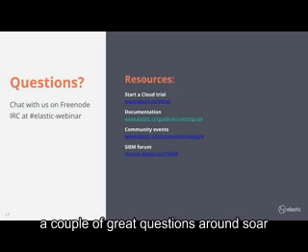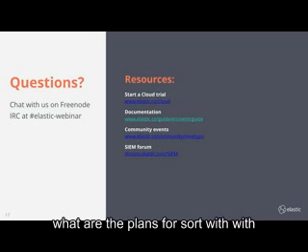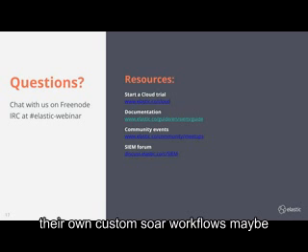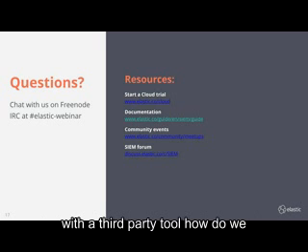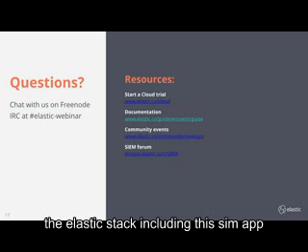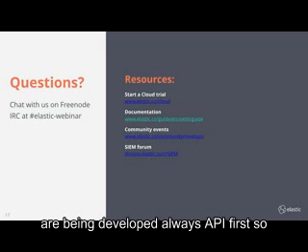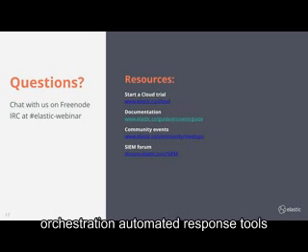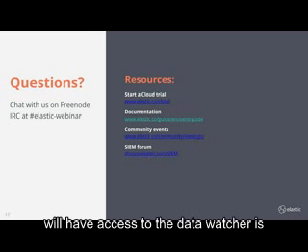Okay, super. SOAR, a couple of great questions around SOAR. What are the plans for SOAR with Elastic? And if organizations have their own custom SOAR workflows, maybe with a third-party tool, how do we provide support for those workflows? The Elastic Stack, including the SIEM app, is always being developed API first, so that third-party tools like security orchestration and automated response tools will have access to the data.